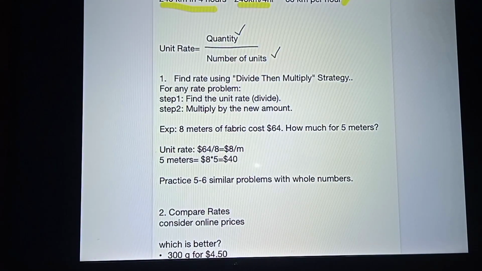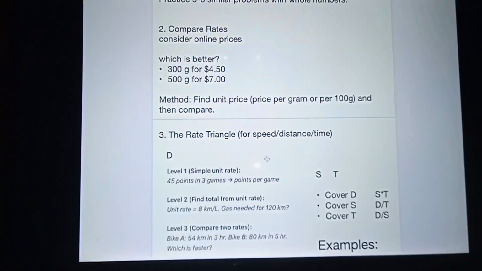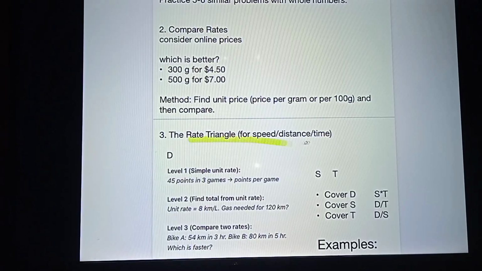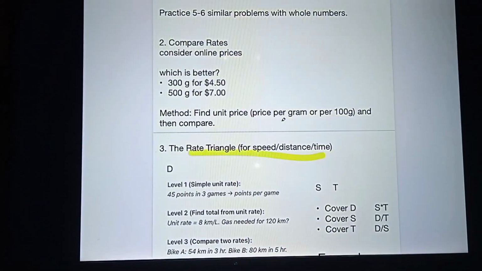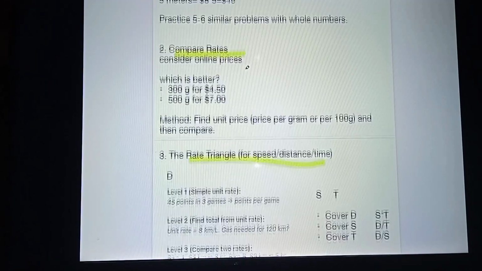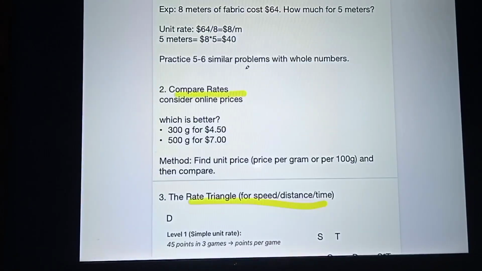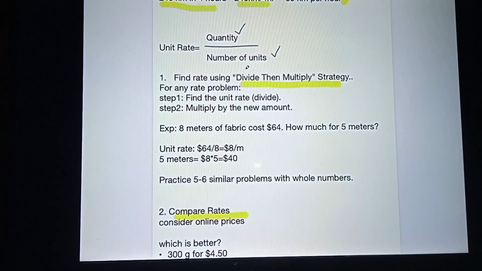Now rate can be obtained using the divide then multiply strategy, the rate triangle, and comparing rates. So these are the 3 different ways to find the rate.